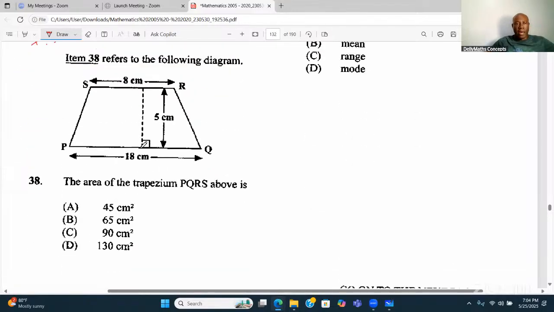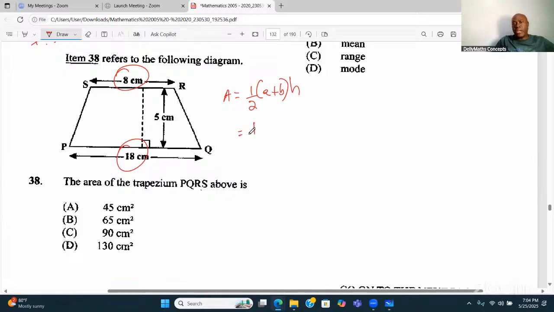All right. It says the area of this trapezium PQRS would be what? Remember that the area of any trapezium would be half the sum of the parallel sides times the height. The parallel sides are 18 and 8.